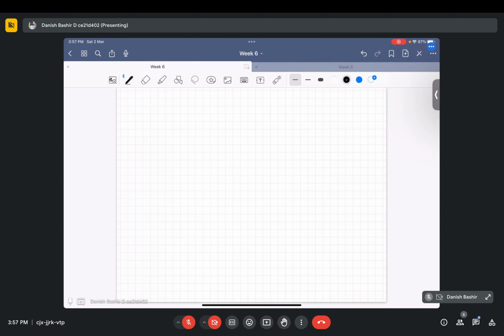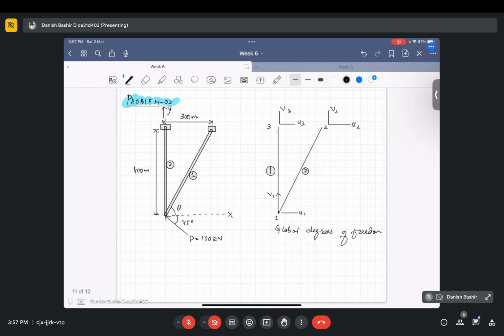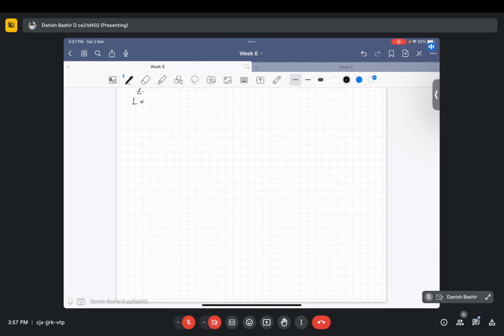First we will see this L is equal to the length of element 1. So element 1 is from node 1 to 2.